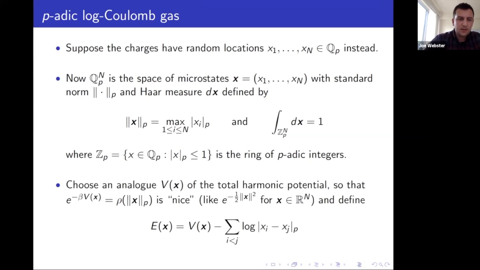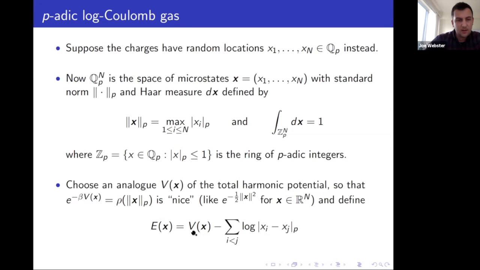Some others might recognize it as the ring of p-adic integers. Another thing we need is to figure out an analog for the harmonic potentials that we saw in the original Mehta integral. So here I'm going to decide not to pick a particular function, but just something that acts like the harmonic potentials. So I want an energy function here that's going to grow quickly as x moves away from 0, but not be too badly behaved near 0.